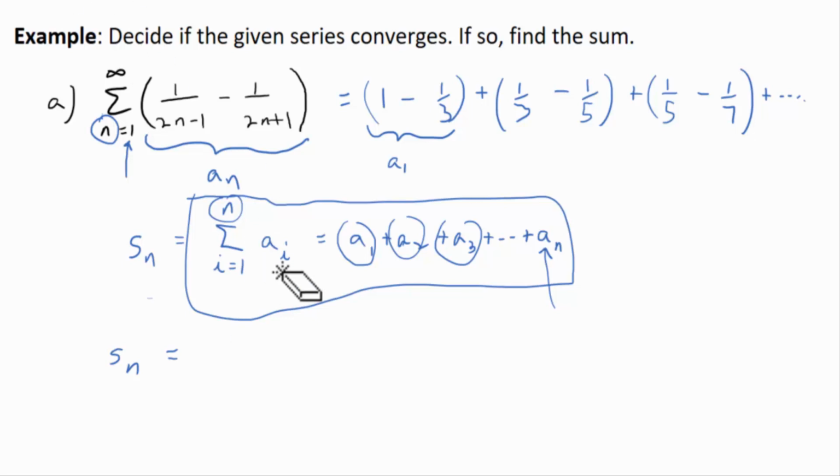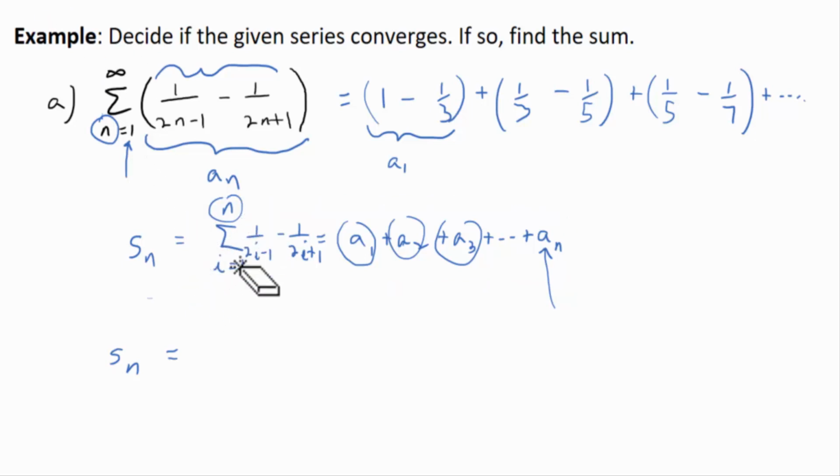The only thing that changes in this formula when we write down the nth partial sum is we replace n with i. So it's 1 over 2i minus 1 minus 1 over 2i plus 1. It's just a notational thing.